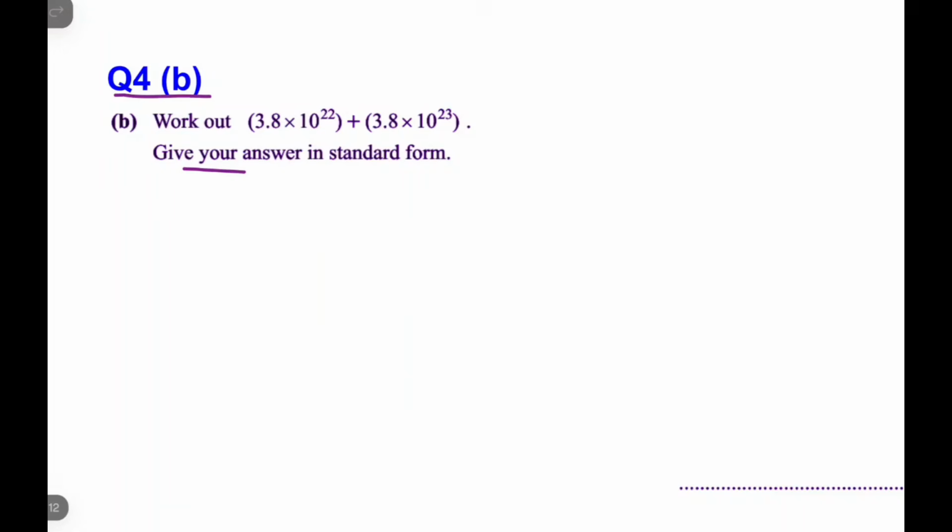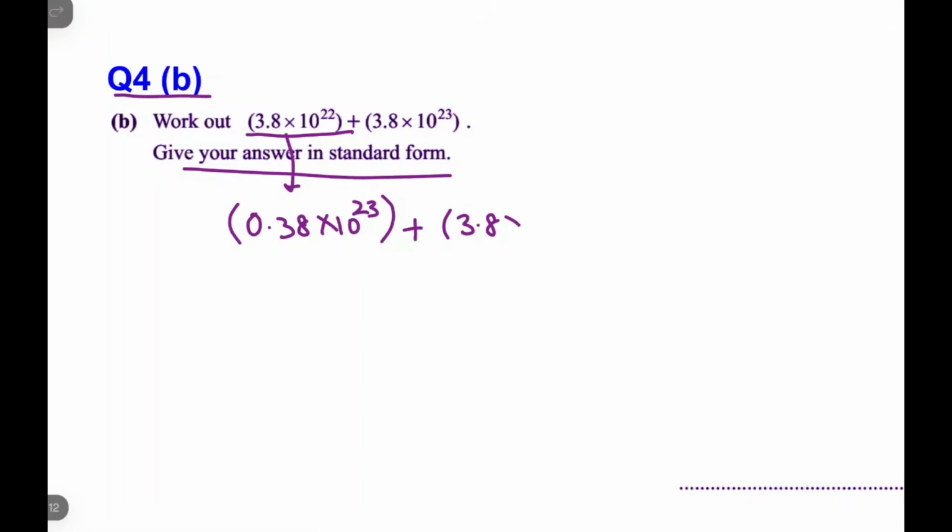But we have to work out and give our answer in standard form. We have to add 3.8 times 10 raised to power 22 plus 3.8 times 10 raised to power 23. Now this can be written as 0.38 times 10 raised to power 23 plus 3.8 times 10 raised to power 23.